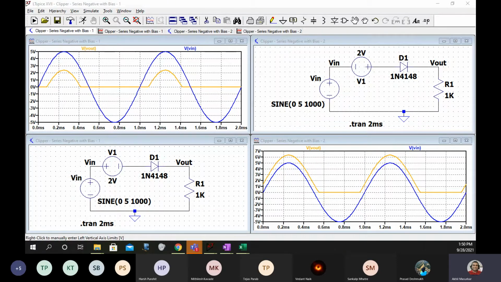Now once you post this in the chat box, then only we'll go ahead. I want everybody to put this in the chat box. I am doing your evaluation, so instead of me asking you something, you simulate this and put it in the chat box.